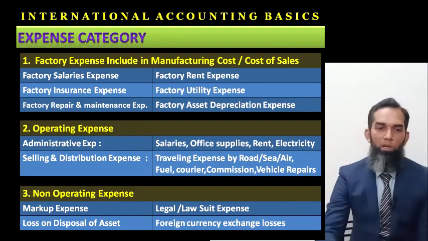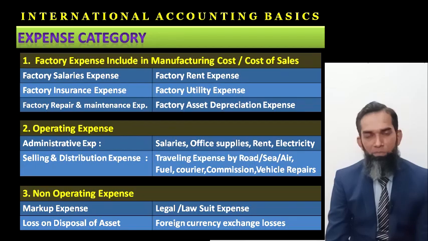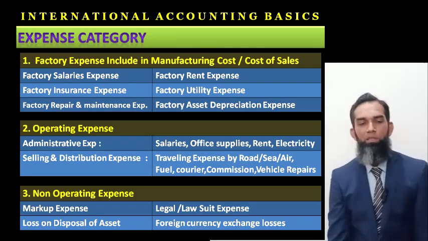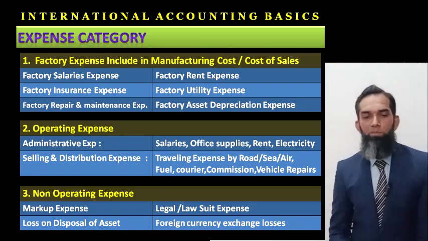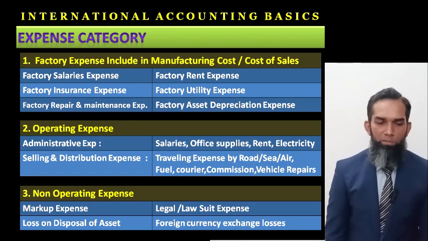Now we are talking about the expense category. Expenses can broadly be classified into three types: number one is factory expenses, number two is operating expense, and number three is non-operating expense.